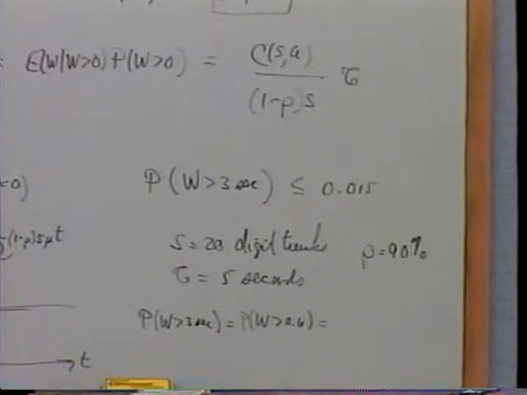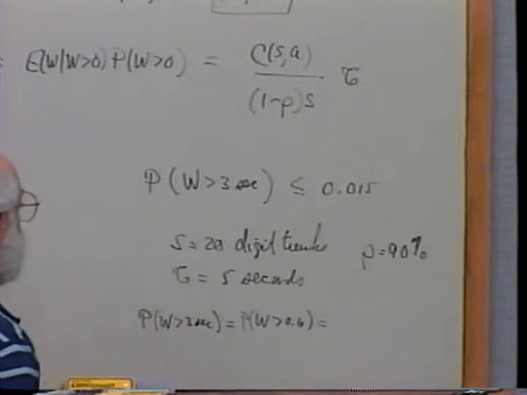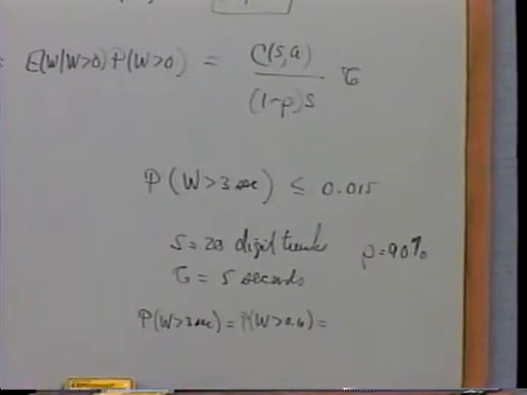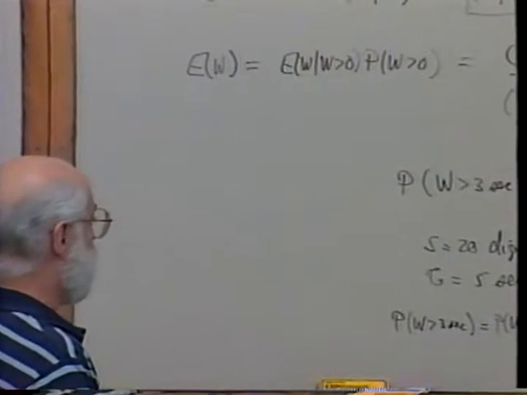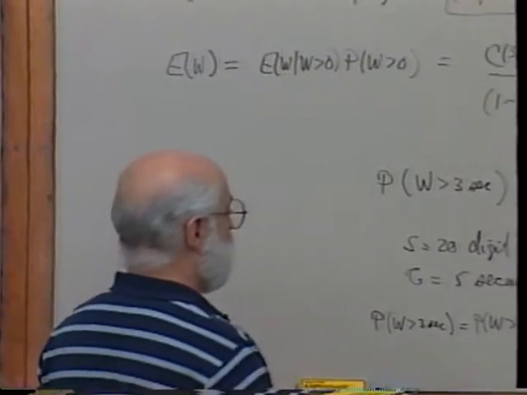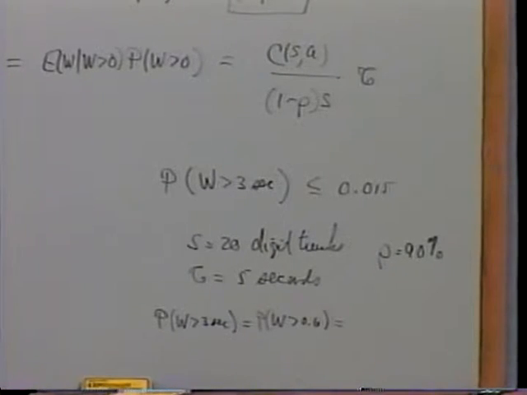Okay, so now I go to my program, and the first thing it asks me is for the number of servers. Let me erase this. I decided that I had 20 servers here, so I'm going to put in S equals 20. Then it asks me for the offered load. If I have 90% utilization, that means my offered load would be 18 Erlangs, 18 20ths.